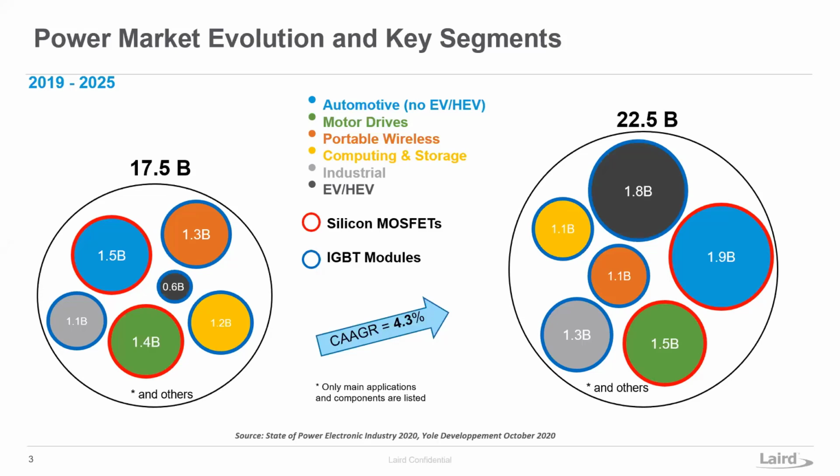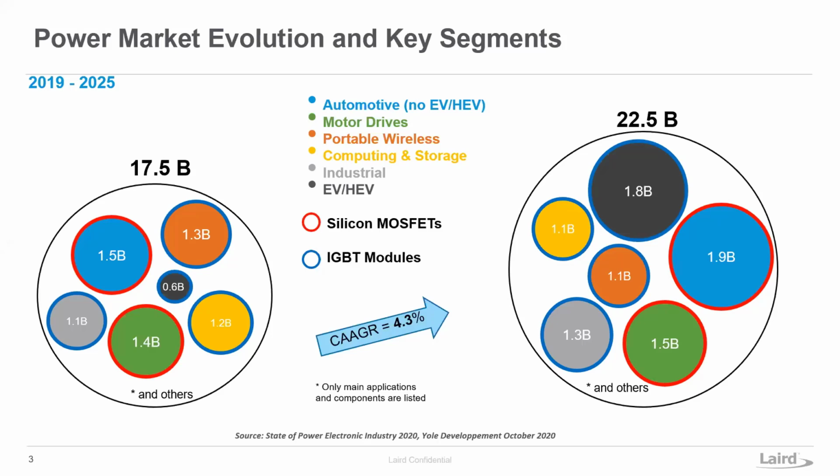And we can see that the automotive industry is, again, slated to double the amount of power semiconductors it's going to use in the coming years, both driven by discretes and modules, with the really big chunk of this being the emphasis on EV, electric vehicles.